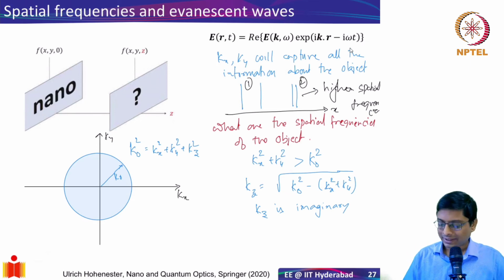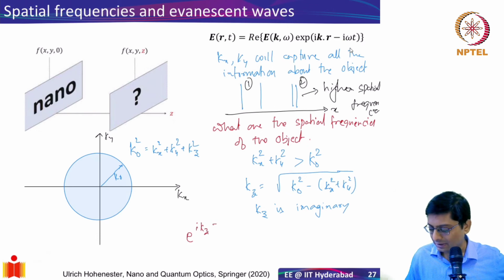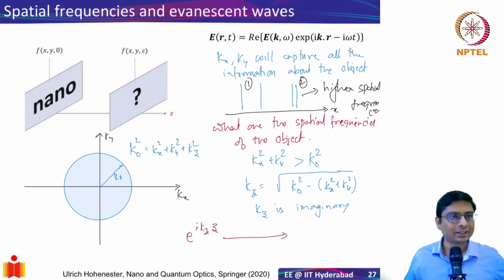We've already seen that the information is propagated by various plane waves, and I know how to define my plane wave. Since the information is propagating in the z direction, I can talk of a plane wave of the form exponential i kz z. Now, my kz is imaginary.